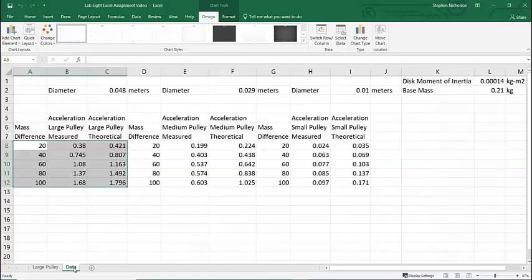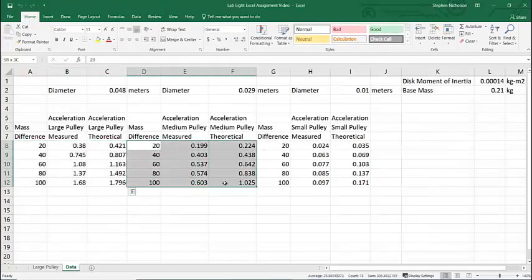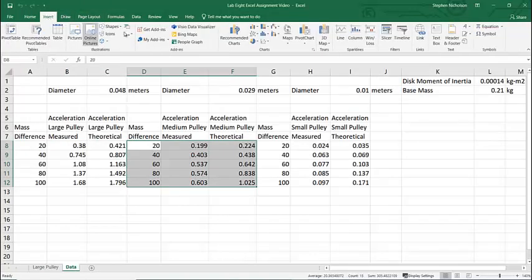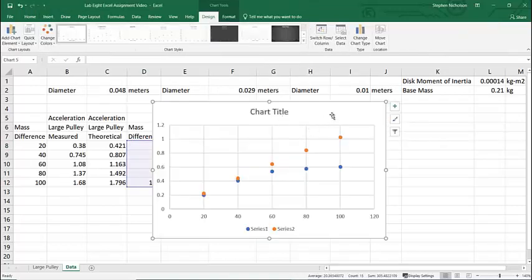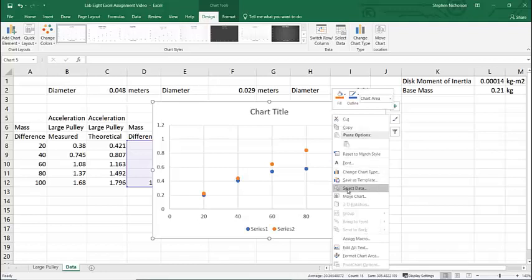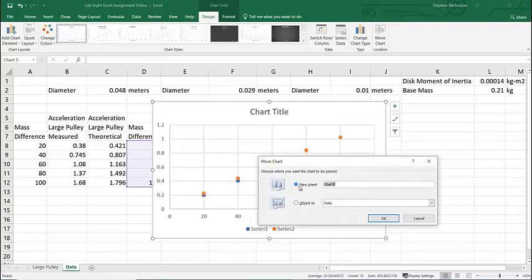Let's do the same. Let's go back to the data, highlight the next three, click on Insert, Chart, Scatter Plot, click on the graph, right click, Move Chart, New Sheet, Medium Pulley.